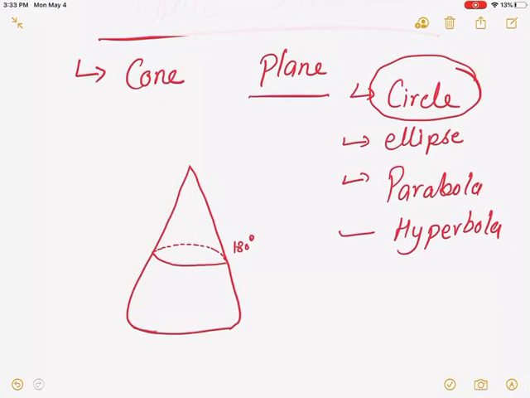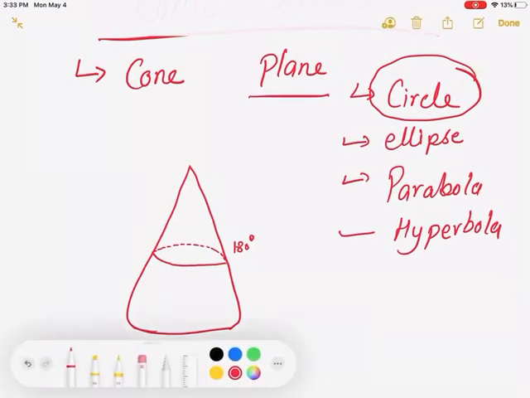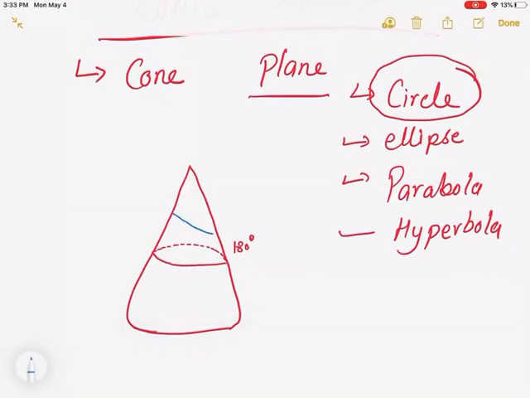Let me pick a different color. If it's slightly at an angle, then it would cut this cone like this. Then it's not a circle. Instead, it's going to be kind of a stretched circle, a one-sided circle, and the technical term for that is an ellipse. So this is where the ellipse is going to be.